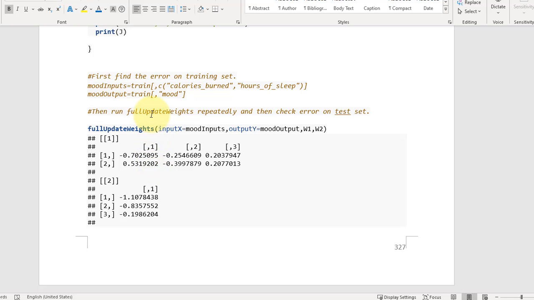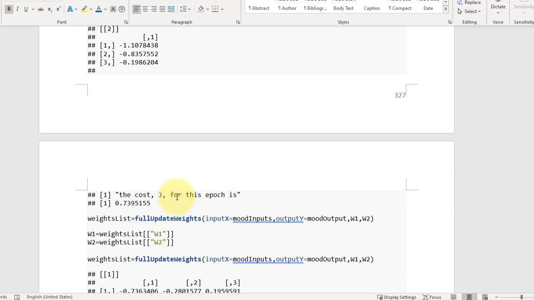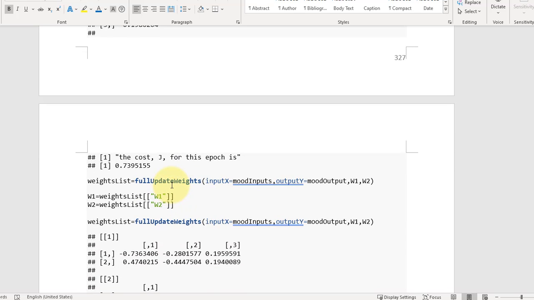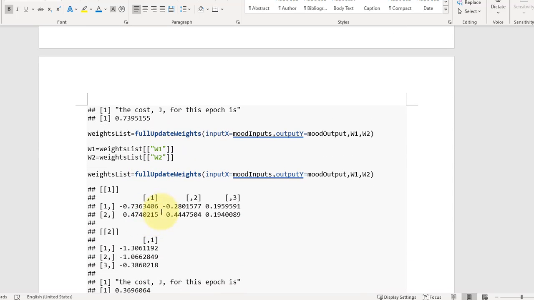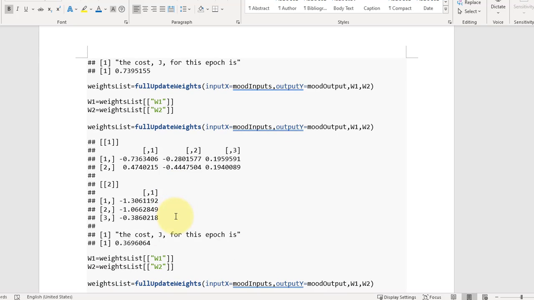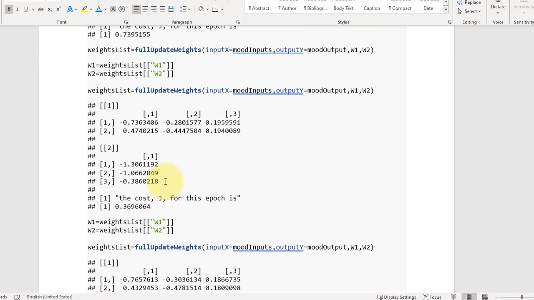So we run the full update weights using the training data, and the weights get updated. And then we run it again, and the weights get updated again. And then we run it again.